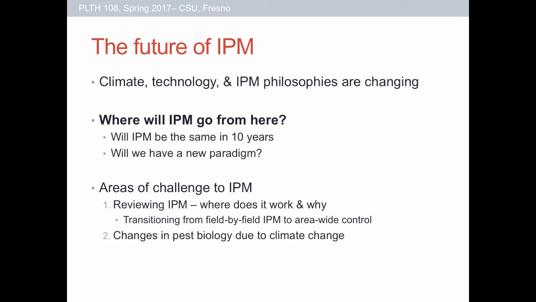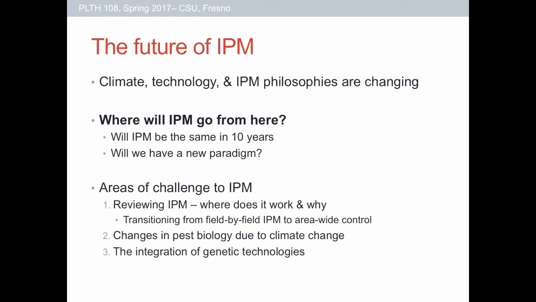There's going to be a lot of changes in pest biology associated with climate change, probably also changes in how we do growing. That's also going to change substantially in California when we start looking at changes in regulation around groundwater and nitrogen budgets, and the fact that more or less you're going to have to budget for everything moving into the future, not just your pest control. So that's going to make things a little tricky.